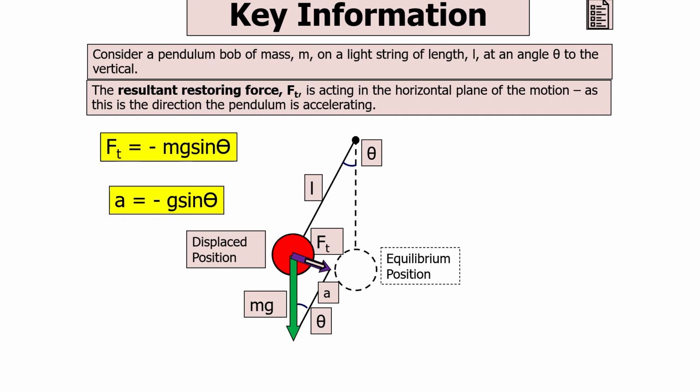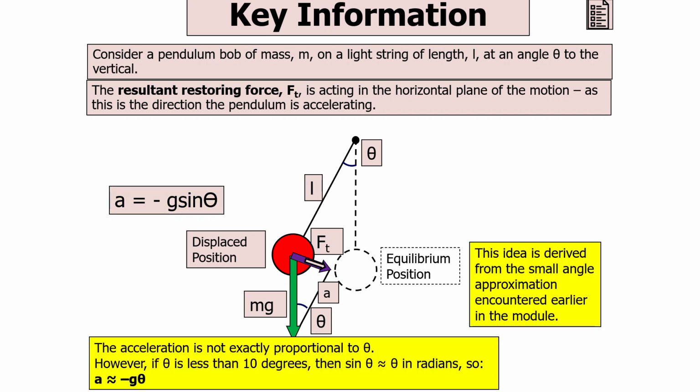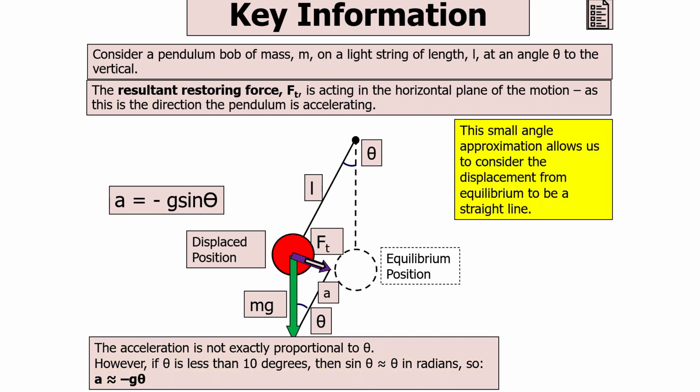sine theta. Now the acceleration is not exactly proportional to theta. However, if theta is less than 10 degrees, then sine theta equals theta when we're measuring in radians, so we can approximate this to a is equal to minus g theta. Now this idea is derived from the small angle approximation, which we've encountered earlier in the module. Now this small angle approximation allows us to consider the displacement of equilibrium to be a straight line.